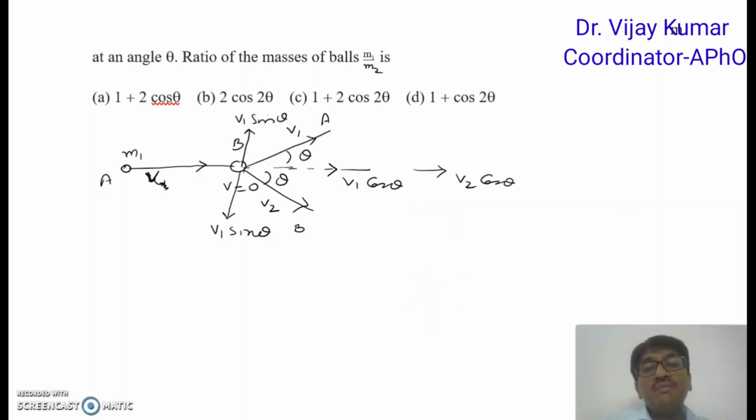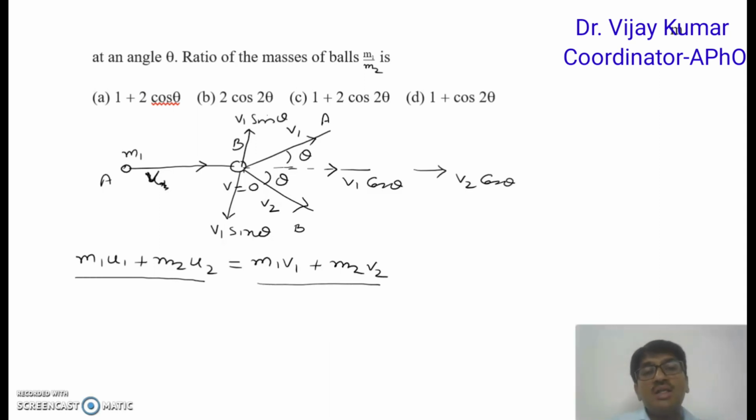If there is conservation of linear momentum, then m1 u1 plus m2 u2 should be equal to m1 v1 plus m2 v2, as total linear momentum before collision equals total linear momentum after collision. In this case, as given in the figure, there is mass m1 with velocity u1 equal to v, and mass m2 with velocity 0.